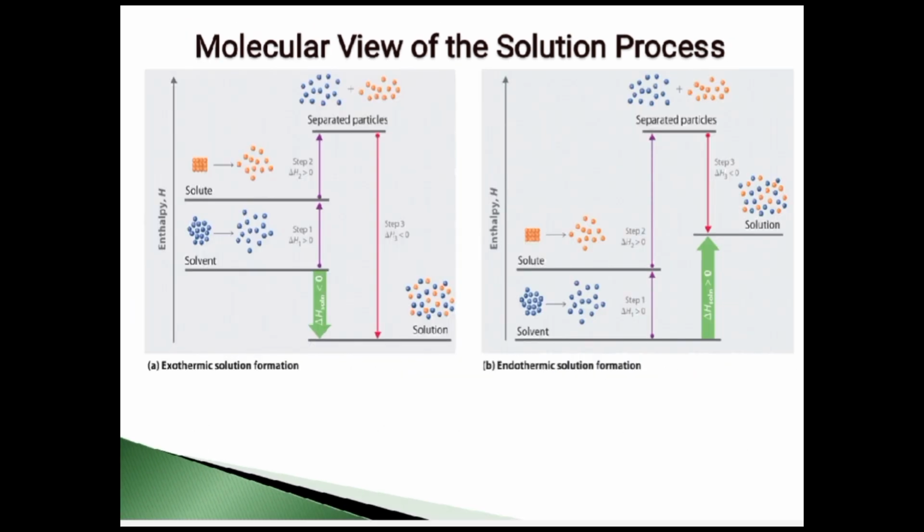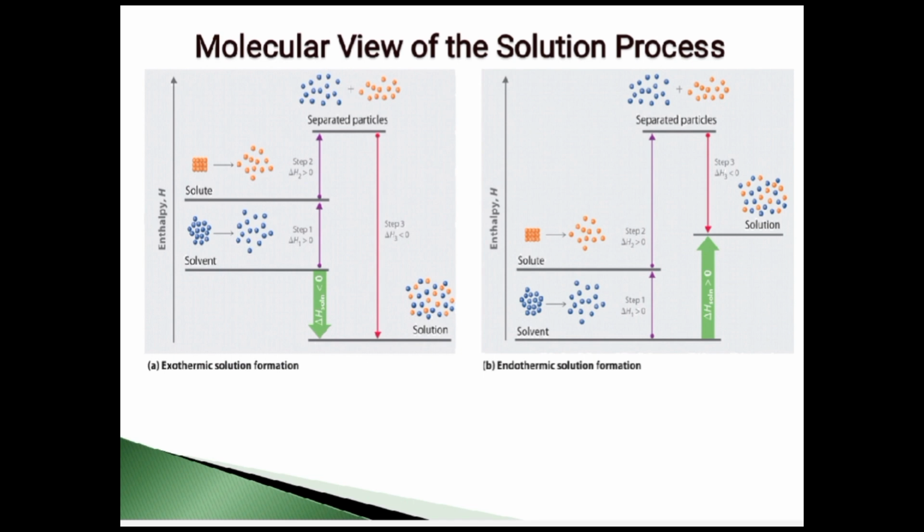In this slide, we clearly show how the enthalpy change happens graphically. We consider these two graphical representations for the exothermic and the endothermic solution formation. On the y-axis we have the enthalpy, and on the x-axis the overall solution process.